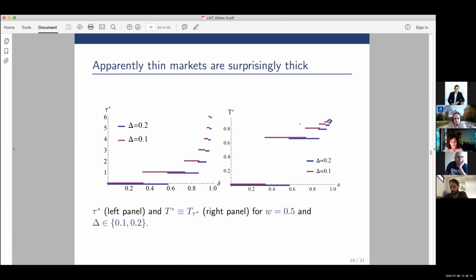But yet if you look at the increase at T star, which is T of tau star, the gain, or how much of the maximum gain of increasing market thickness you achieve, you're very close to 100%, even for these small storage numbers.